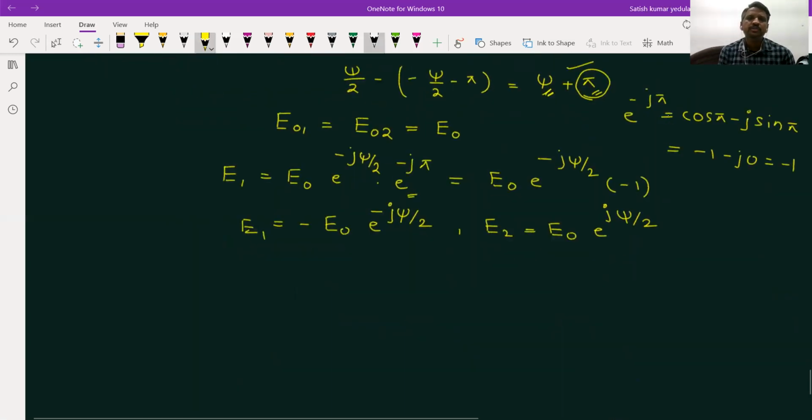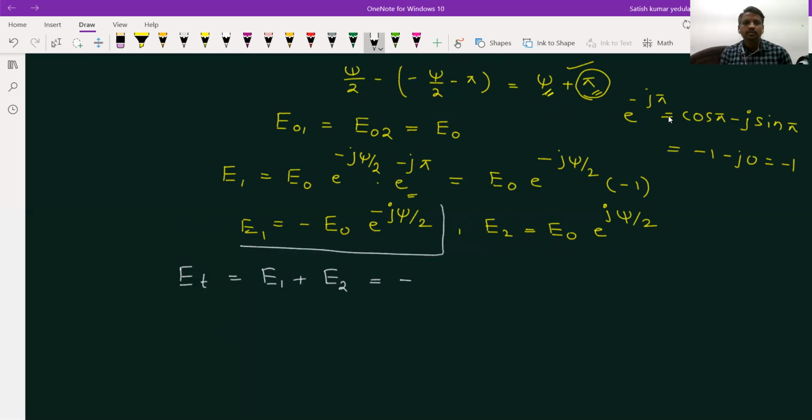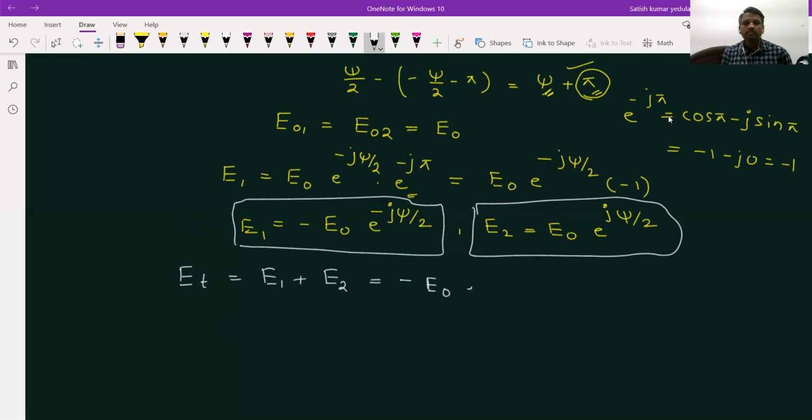You just need to find the total electric field intensity at point P. Then E total will be equal to E1 plus E2. I have written here, this is E1 and this is E2. Just substitute these two values: minus E naught e power minus j psi by 2 plus E naught e power plus j psi by 2, and take E naught common.